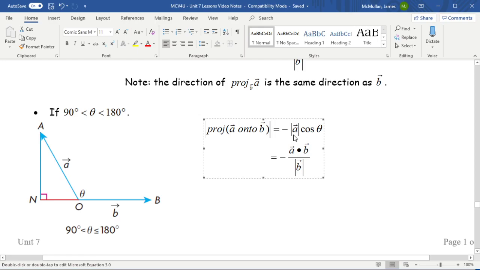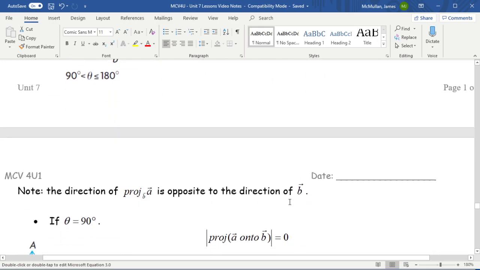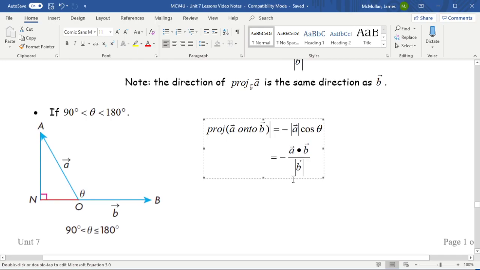Now, of course, it's up to you how you want to handle this. If you want to remember that there's a negative in the formula, then remember that. I think it's a little bit easier to just say, if you ever project and get a negative answer, you could only have gotten that negative answer because the angle was bigger than 90, and therefore it's going in the opposite direction. Just please be careful with this, though, because you can't give the answer as a negative.